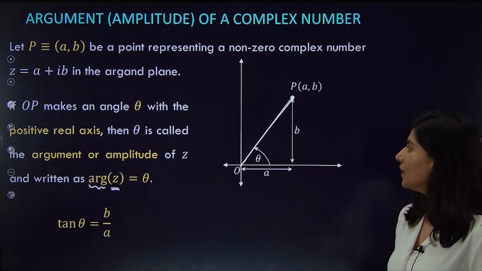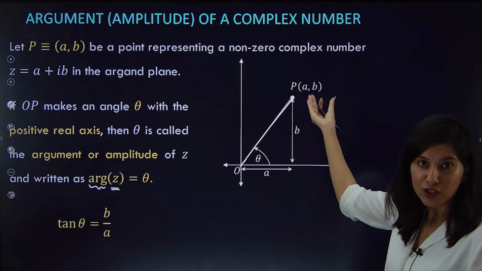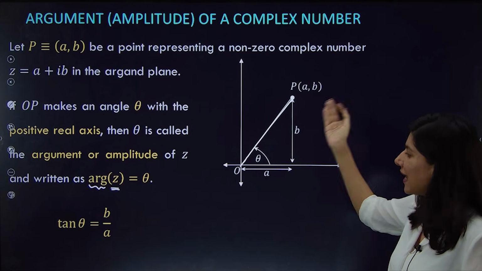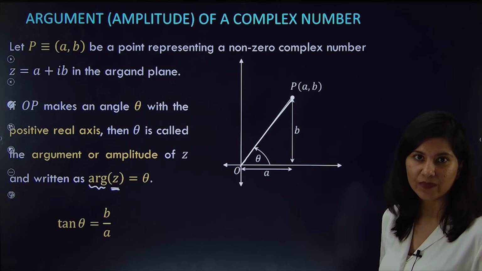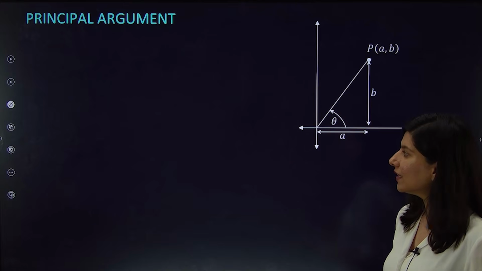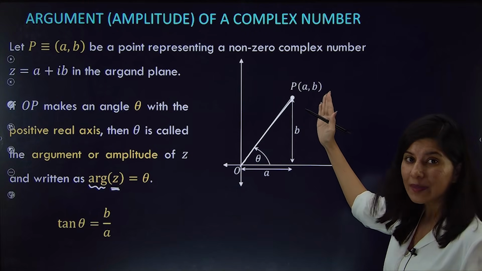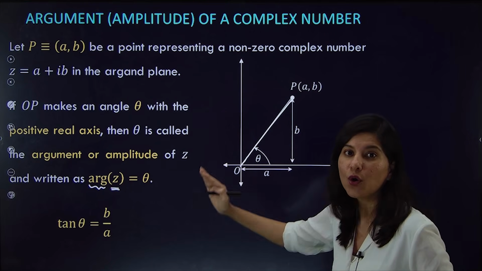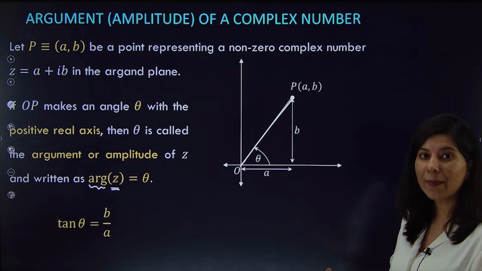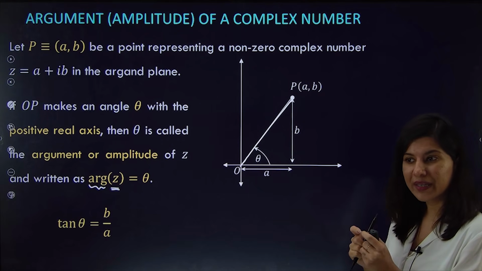So when your complex number lies in the very first quadrant, it is obvious that tan theta is b by a. It is very simple, right? First case is that only: tan theta is b by a. But if your complex number gets shifted to the second, third or fourth quadrant, then what happens? Your angle changes.